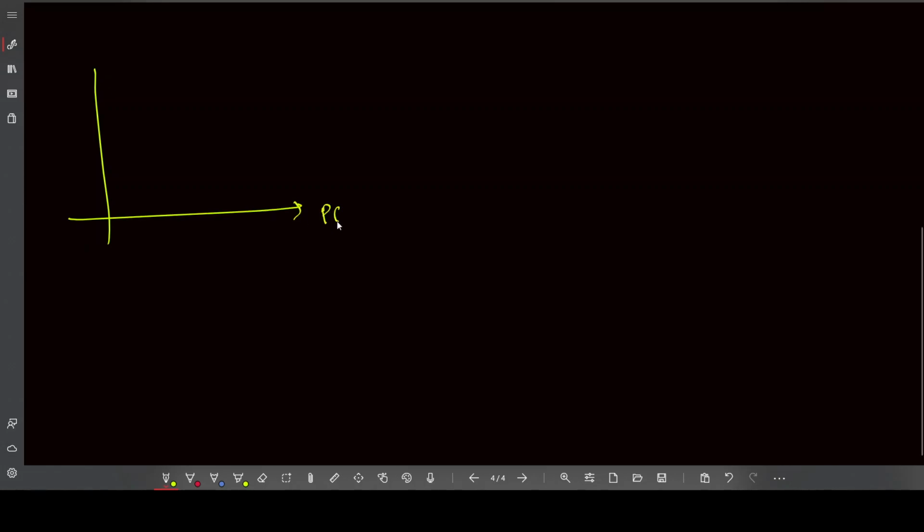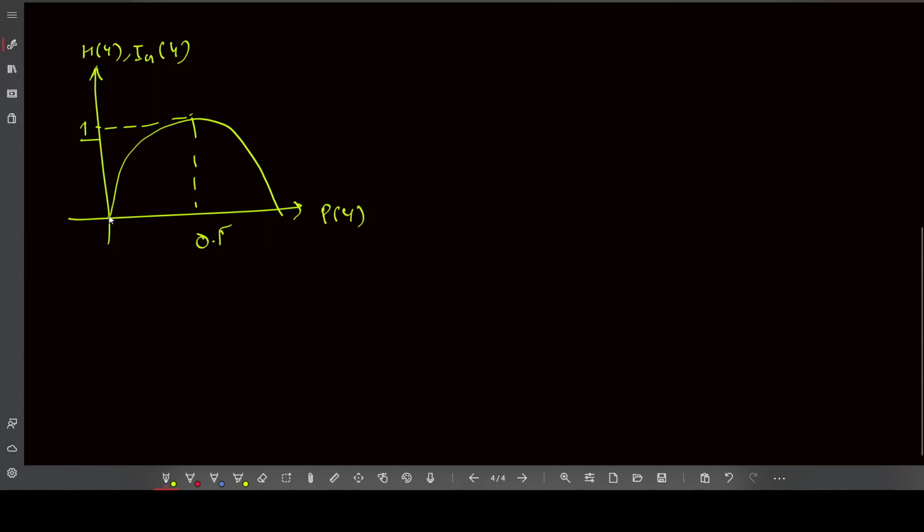So if I have P of y, which is the class, and I have the value of entropy slash Gini impurity over here, then entropy varies as such. At 0.5, the maximum value of entropy is 1.